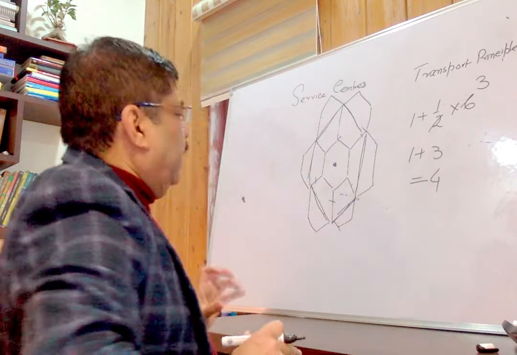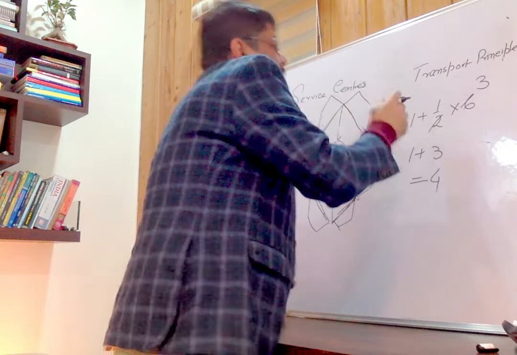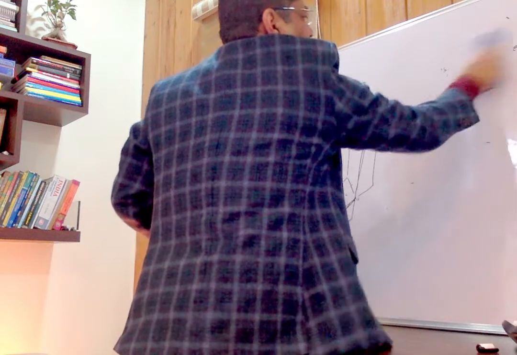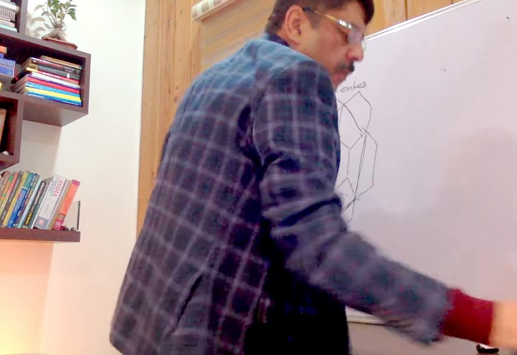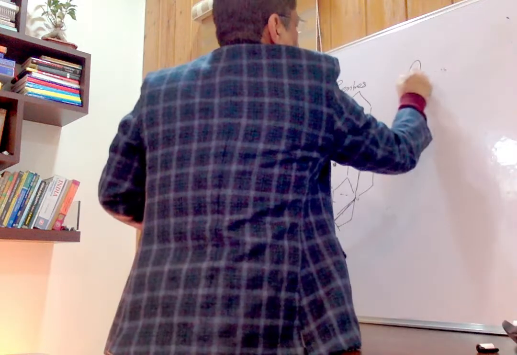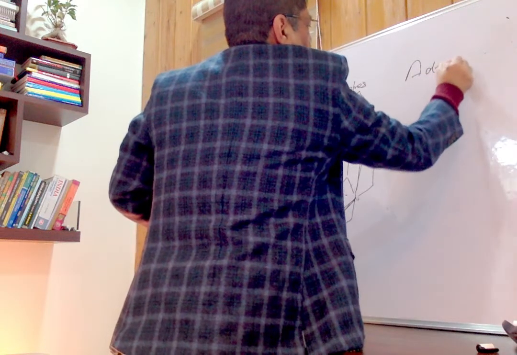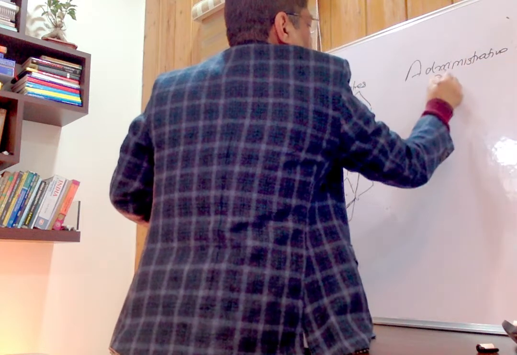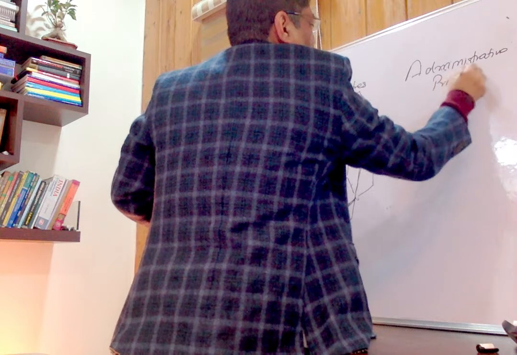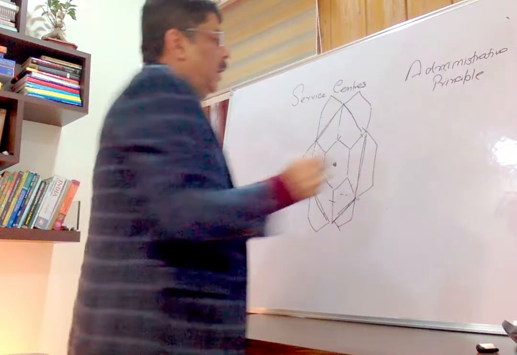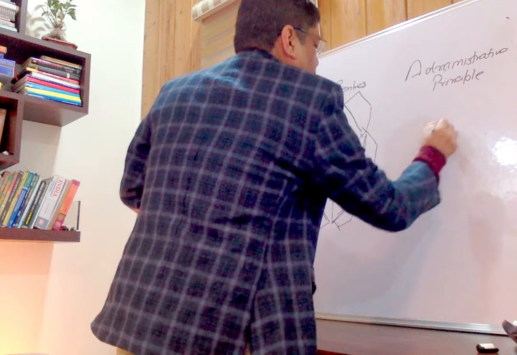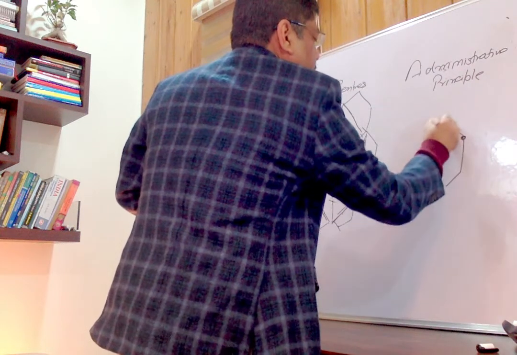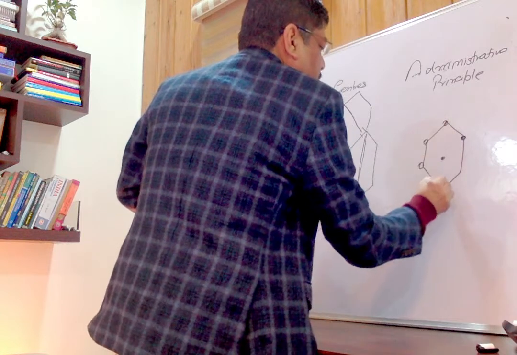Okay. And the easiest is the administrative principle. There are three variants of Christaller's model. This is the hexagon of the higher order settlement, and all the lower order settlements are on these nodes.